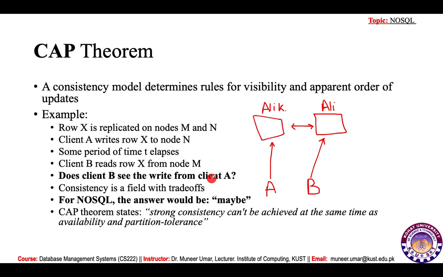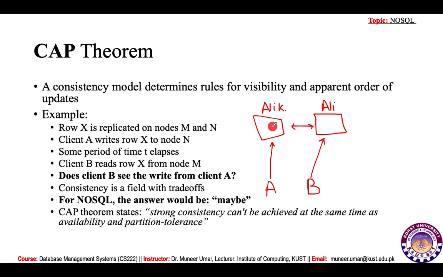Now here we have questions. Does B see the write from client A? When B was reading this item as Ali, did B see the change made by A as Ali Khan on another system?